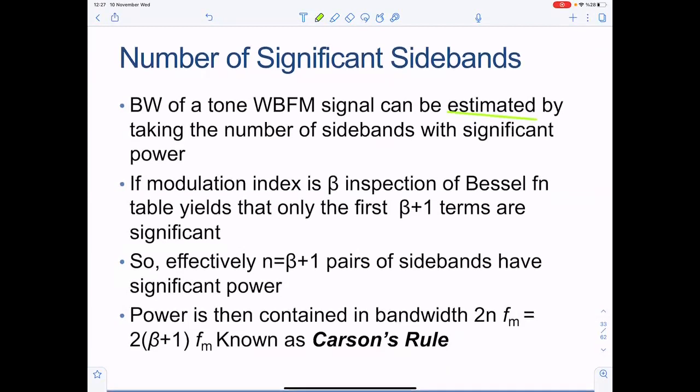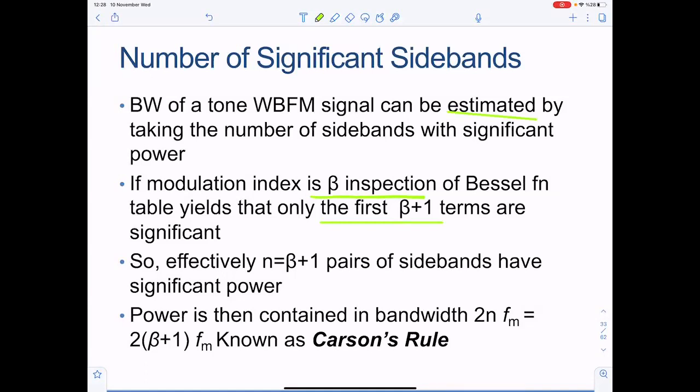And we will now give you a rule of thumb that is classical in FM analysis and FM design. Here's the rule. If the modulation index is beta, it turns out only the first beta plus 1 terms are significant. That's pretty easy rule, right?